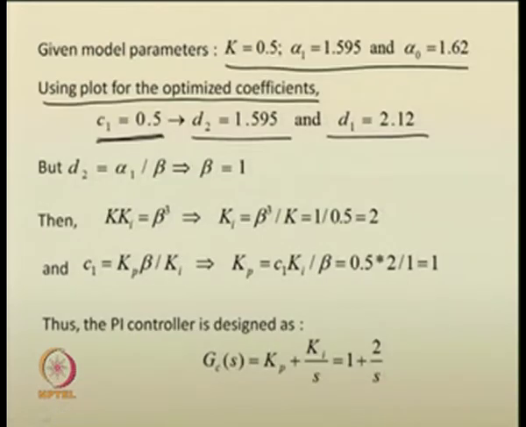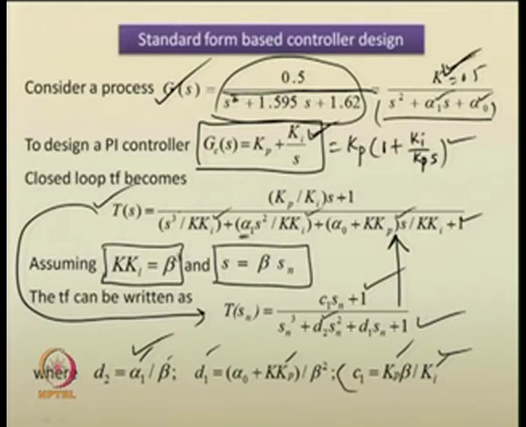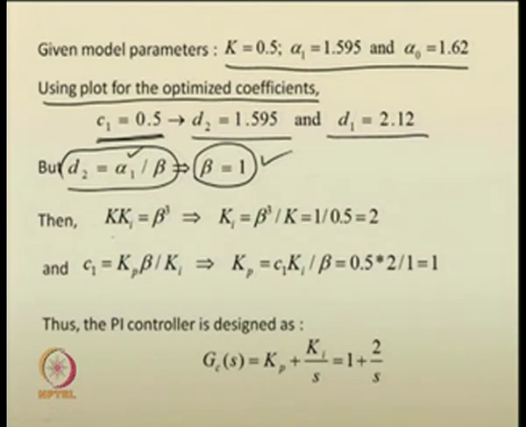Next, D2 can also be expressed as alpha 1 by beta. Alpha 1 is 1.595, whereas D2 is 1.595, therefore beta equal to 1. Next, we have one more expression: k Ki equal to beta cubed.